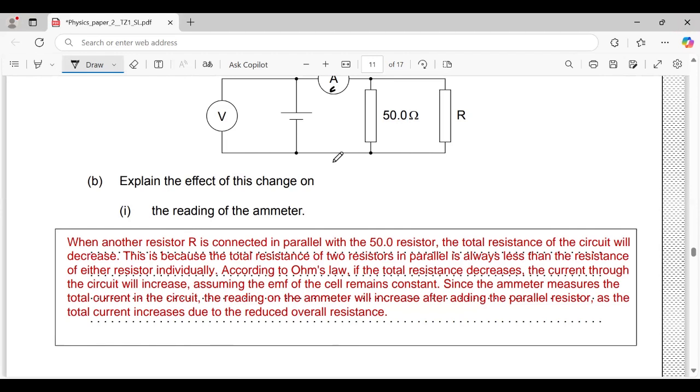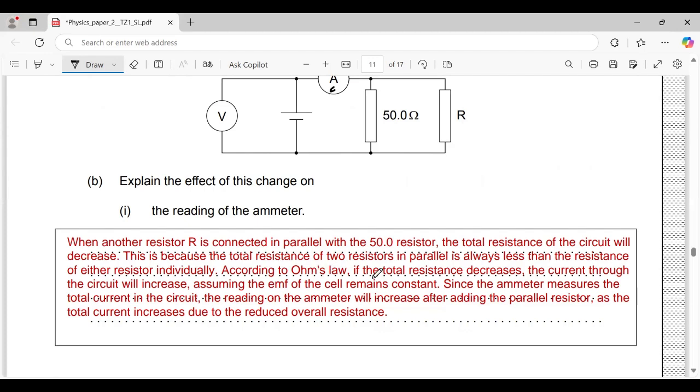Why decrease? Because the circuit adds one more resistor. This is because the total resistance of two resistors in parallel is always less than the resistance of either resistor individually.